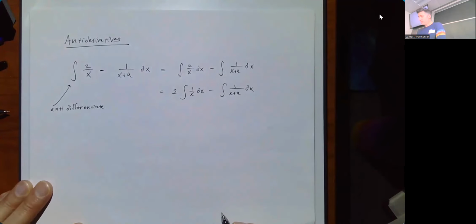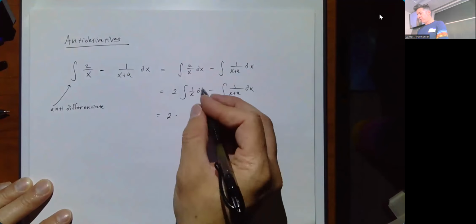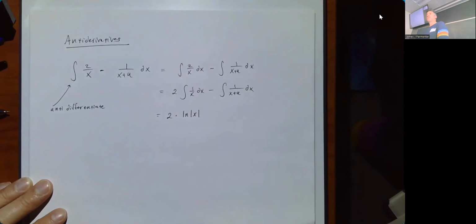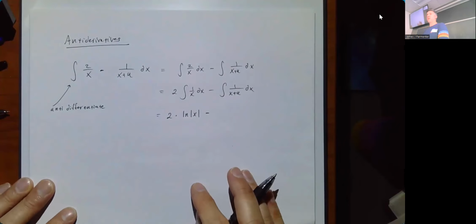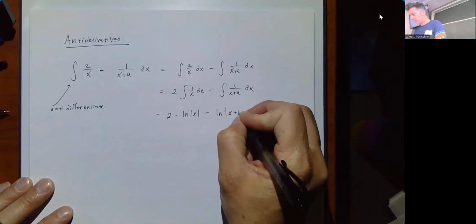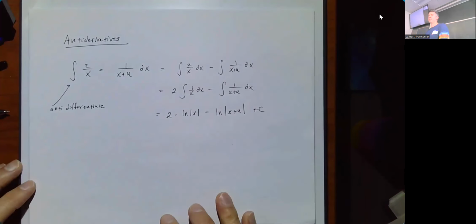So now I've got 2 times the antiderivative of 1 over x, which is the natural log of the absolute value of x. I'm not going to write plus c yet. Minus the antiderivative of 1 over x plus 4, which is also the natural log of the absolute value of x plus 4. Plus c.